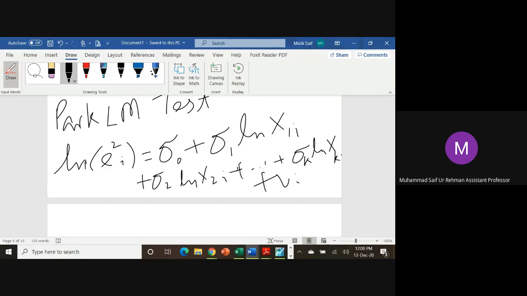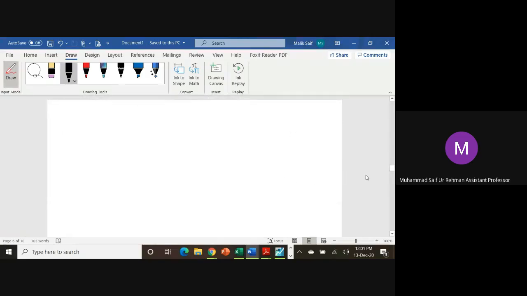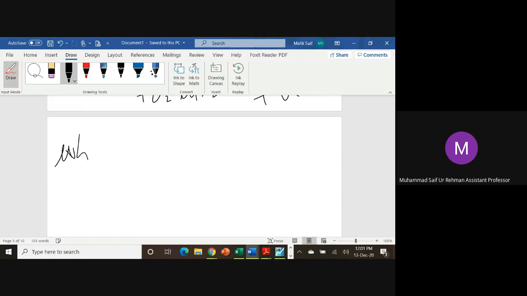Then there comes White's test. In the case of White's test, basically we take into account an interaction term also. White's test.